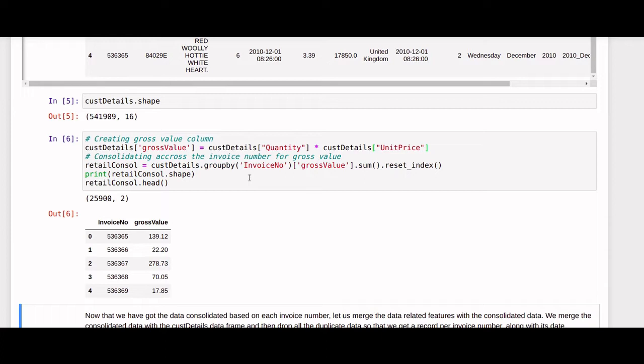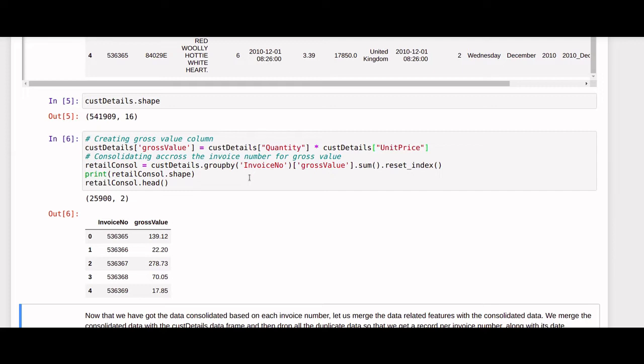Therefore we consolidate the gross value across each invoice number, because an invoice number represents one specific customer who bought something. So we just consolidate all these things across different instances of buying, which is the invoice number.